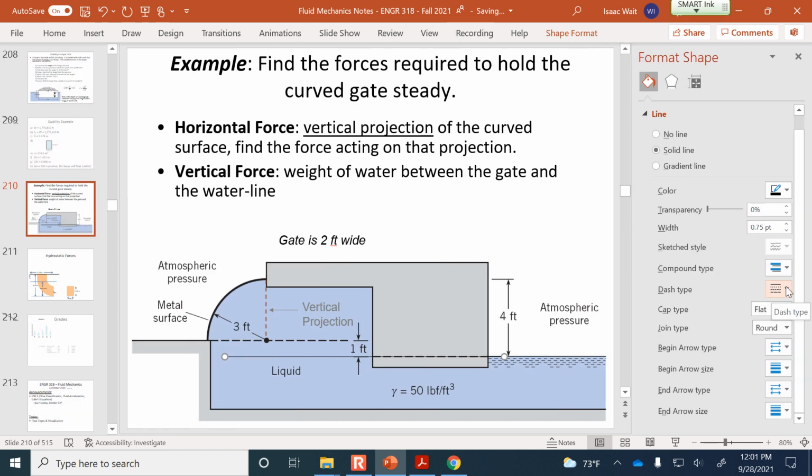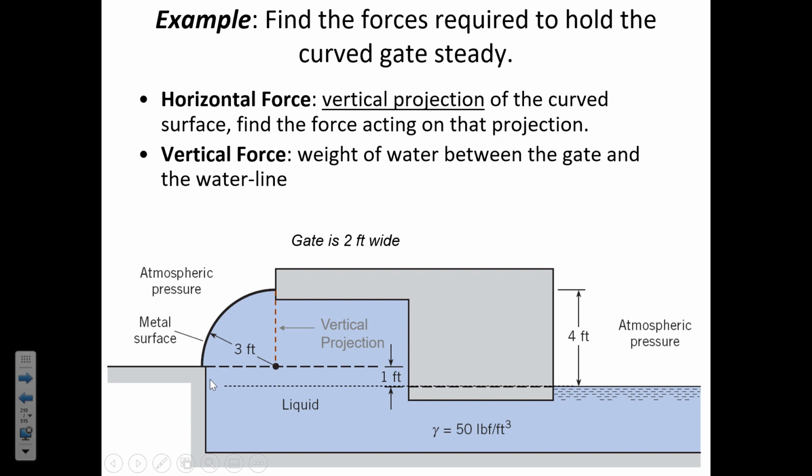It's really important that this be dashed. There we go. All right, 0 pressure here. So everybody understands why, because it's at the same elevation as over here on the right.